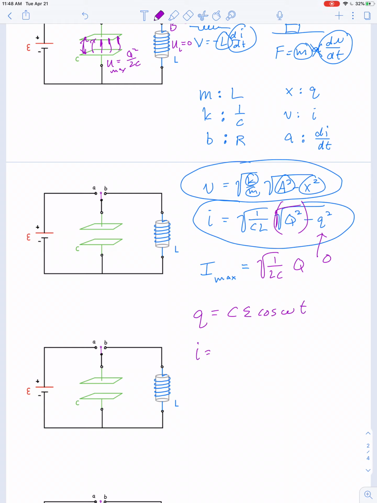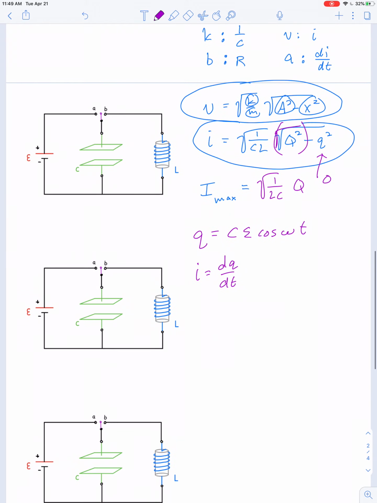Well, current is just the derivative of charge with respect to time. So this is negative omega CE sine omega t. And a graph of current versus time then looks like a graph of negative sine. There's a minimum and maximum value.